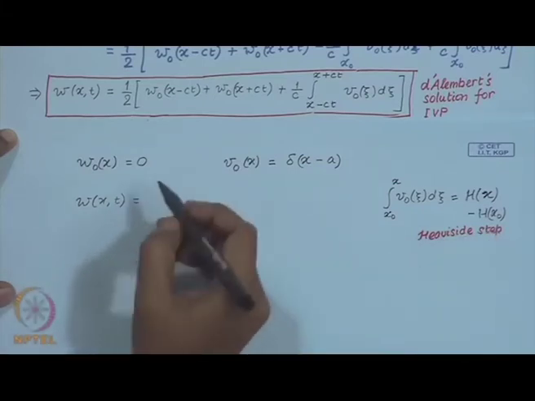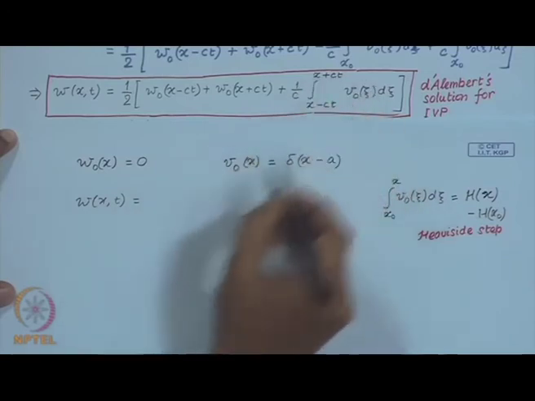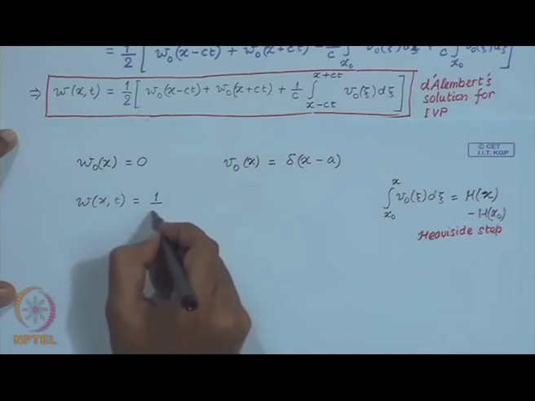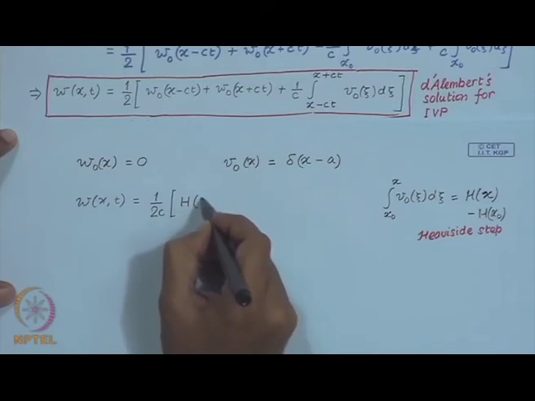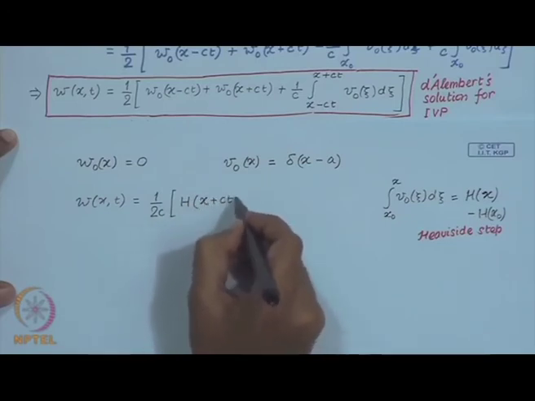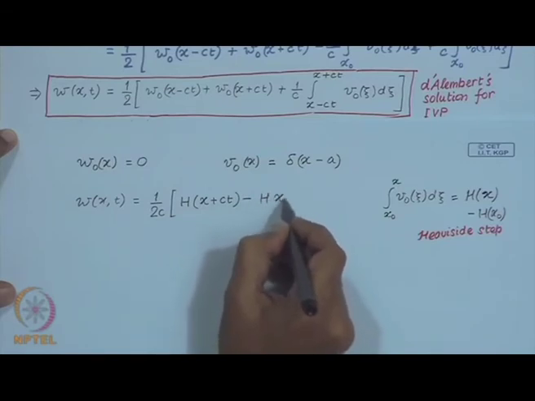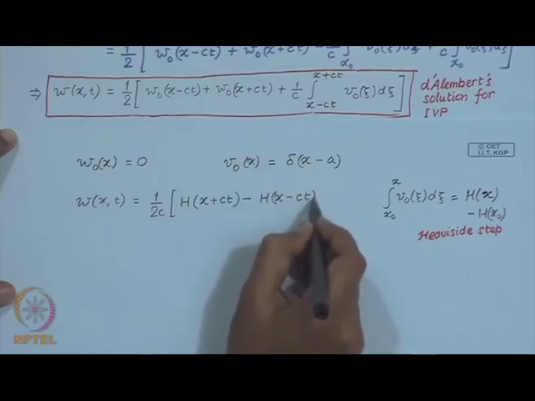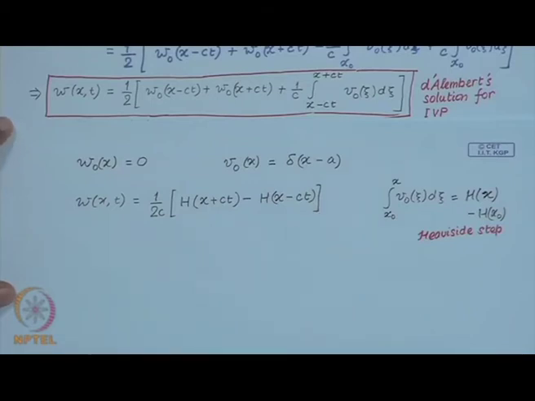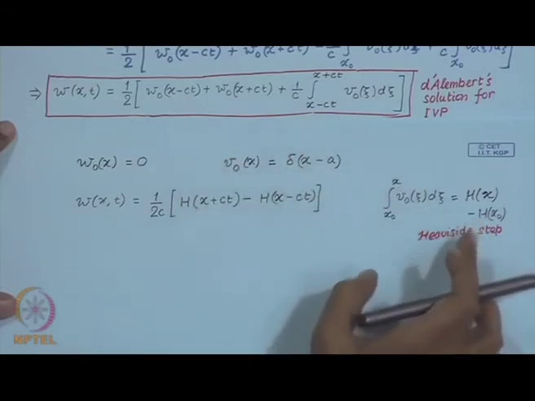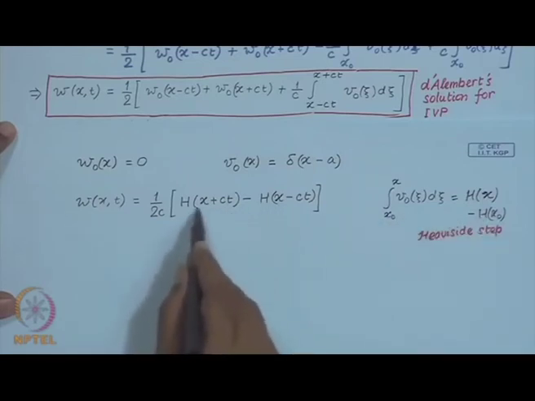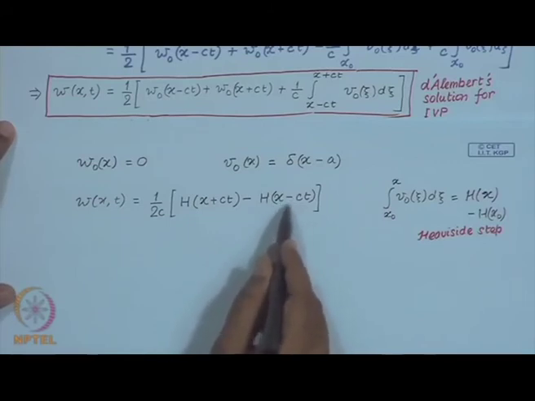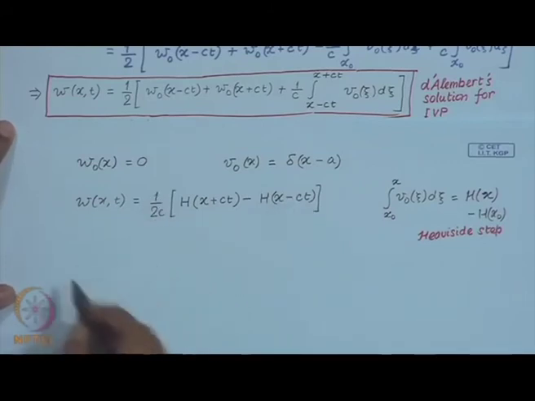So, using this Heaviside step and substituting it here, you will find that the solution reduces to, if you substitute this in here, so this h at x 0 cancels off, what remains is h at x plus c t minus h at x minus c t, divided by 2 c.